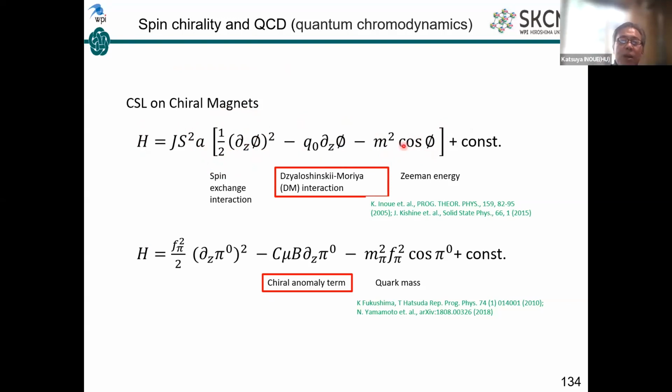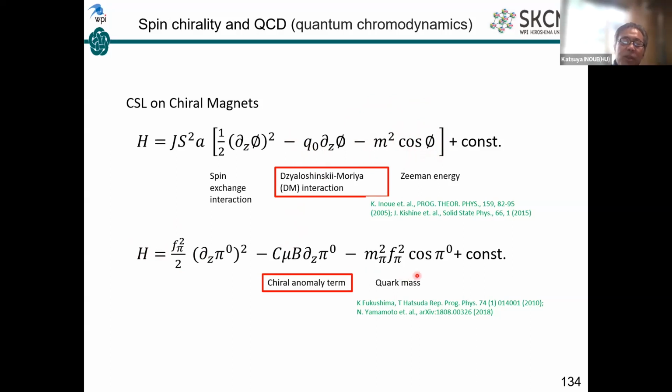Then if we apply a strong perpendicular magnetic field, this term is very strong, and the spins are going to be forced into the ferromagnetic state. But in between, the chiral spin system is stabilized. And eventually, we know the QCD people also found a similar Hamiltonian.